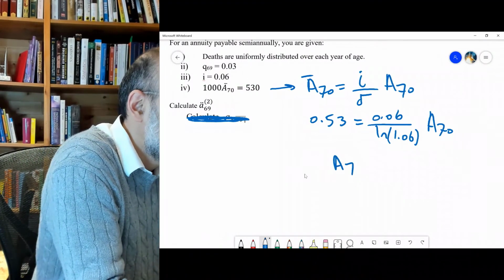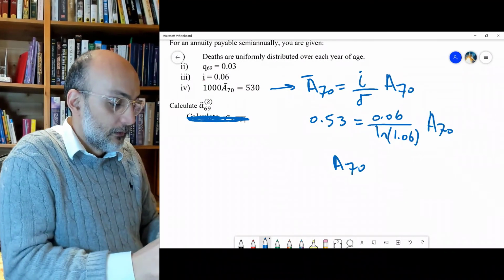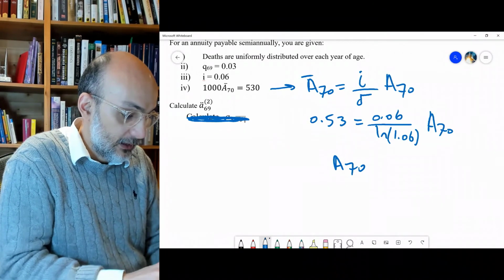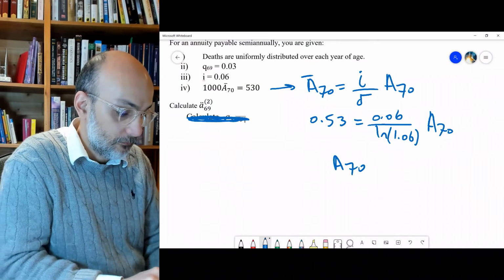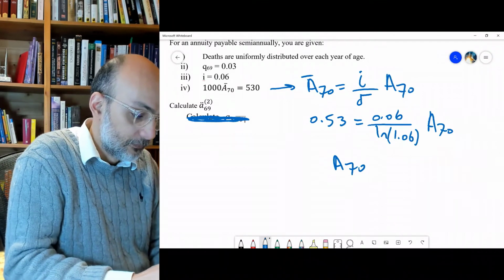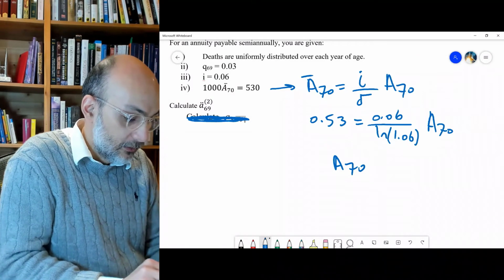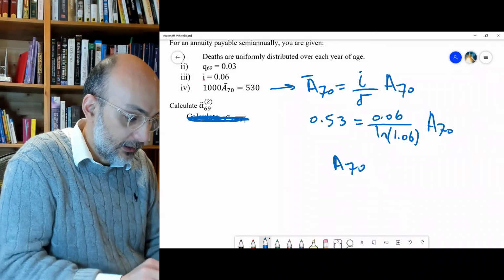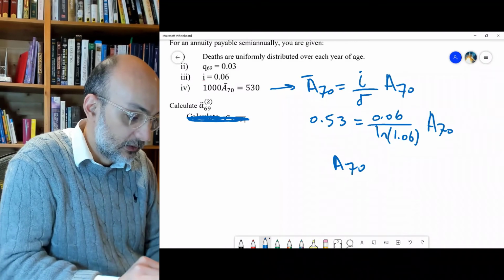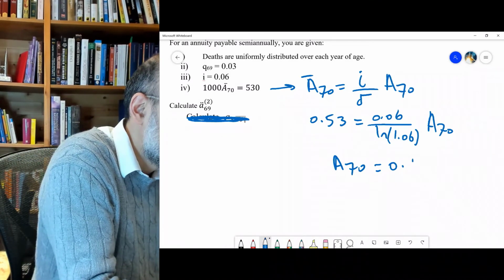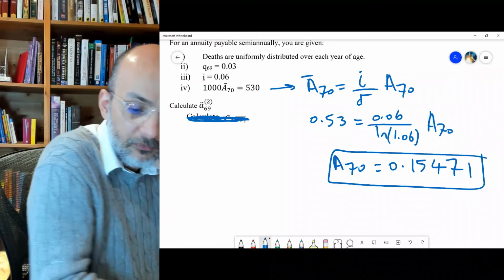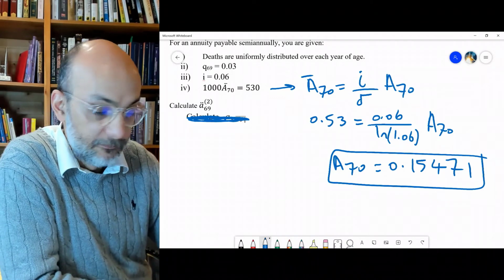In my calculator I insert 0.53 multiplied by ln 106 divided by 0.6. So what I got for A70 is 0.15471.